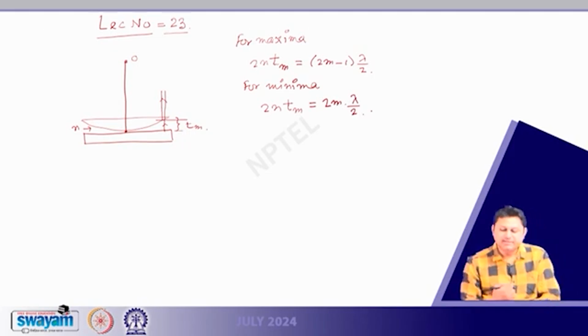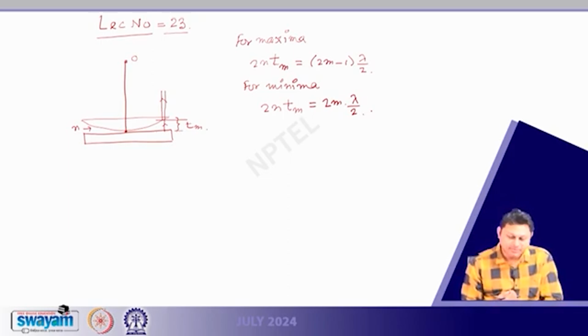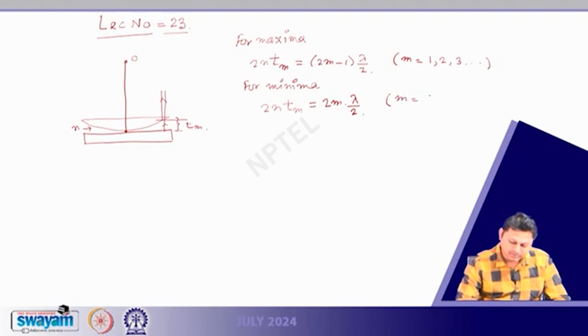So in the first case it is an odd multiple of lambda by 2 for maxima, and for minima we have the even multiple of lambda by 2. Here the m value goes from 1, 2, 3, etc., and here the m value takes 0, 1, 2.